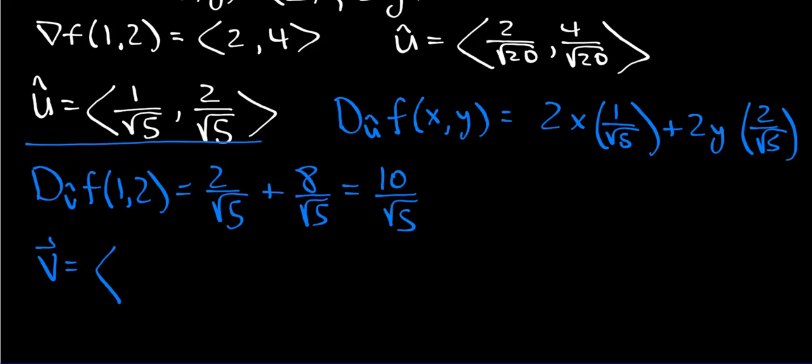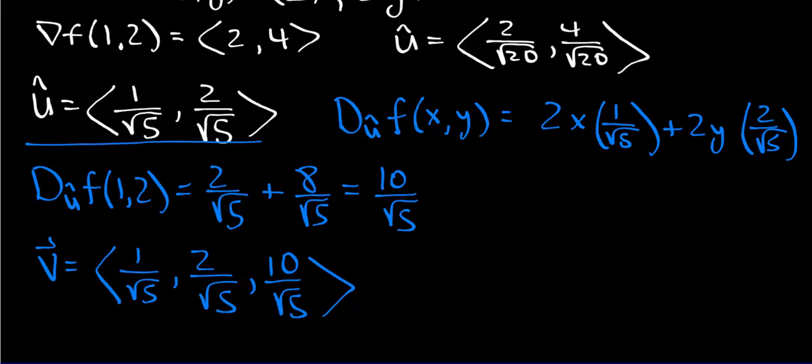So I've got 1 over the square root of 5. And then I take the y component for the y part of the vector. And then for the z, I'm going to put the directional derivative, 10 over the square root of 5.